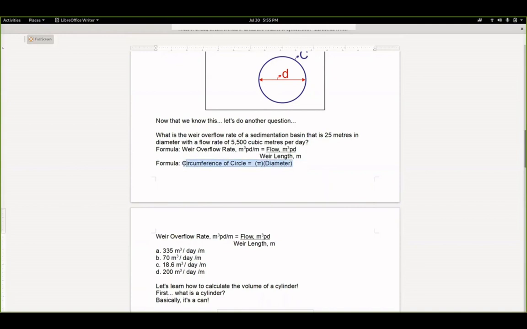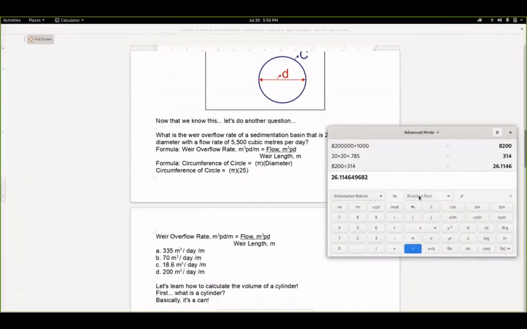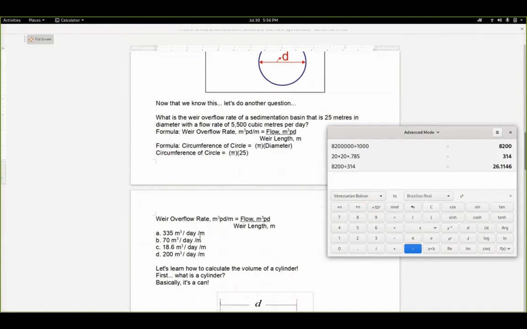So let's just actually copy this part. And we have for the diameter 25 meters, 25 times pi. You can either use the pi button or you can use 3.14 because the multiple choice answers tend to be fairly far apart. It's probably not going to be an issue whether you decide to use 3.14 or the pi button.